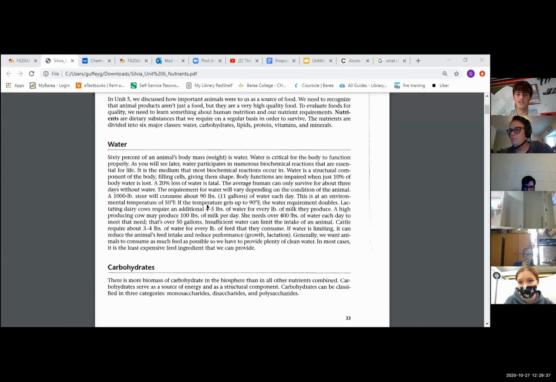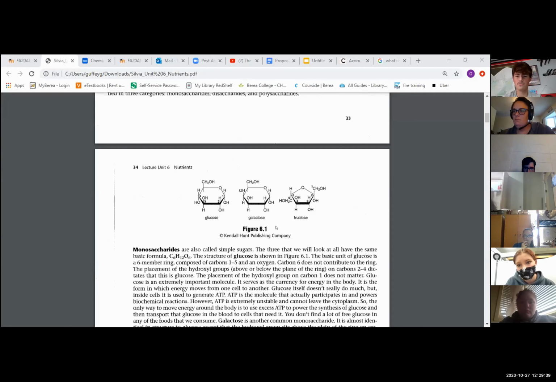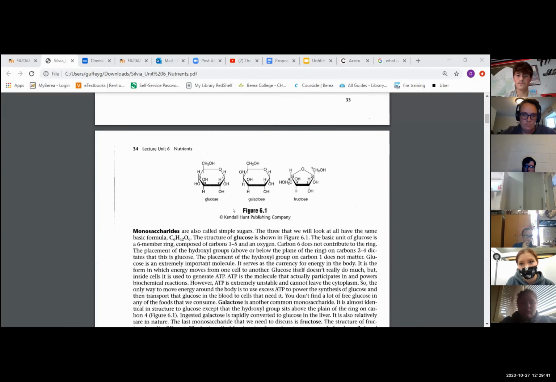Okay. So you've got a few different types of structures here. Here's glucose. It's got like six of these different things that kind of attach to each other. Same with galactose. And then fructose is kind of like a five-sided little thing right there.